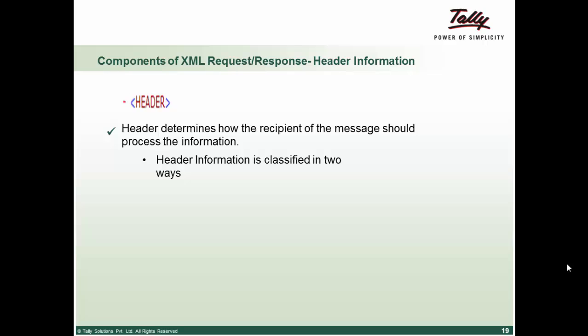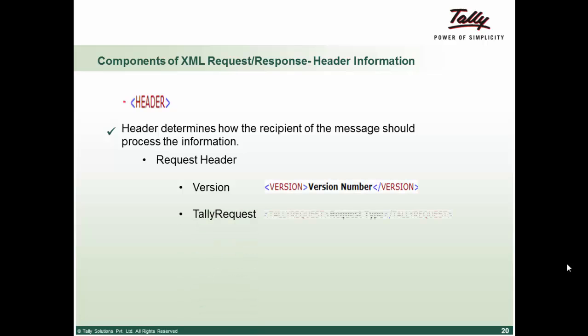Header information is classified in two ways: request header and response header. Further, the request header has four elements: version, tally request, type, and ID.